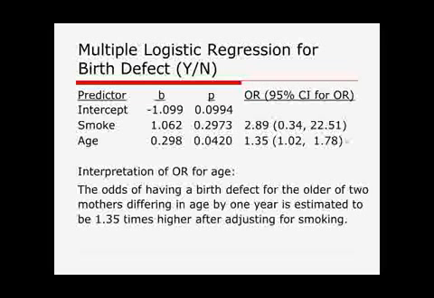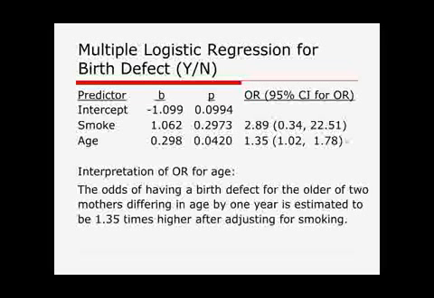So a statistical computing package would spit out those beta coefficients, the B's. And then there are p-values. So first looking at the p-values, smoking is not statistically significantly associated with birth defects adjusting for age. Age is statistically significant. The p-value is 0.04 after adjusting for smoking.